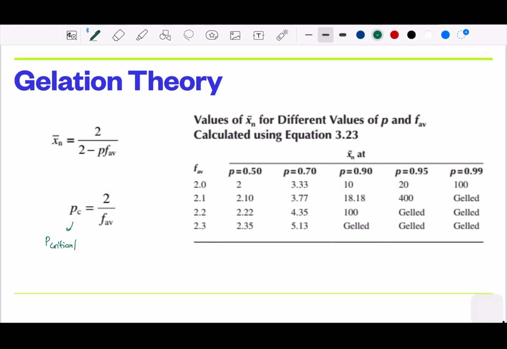P critical means that we need to make the xn, or the degree of polymerization, go infinite in calculations. We also call this the critical conversion.